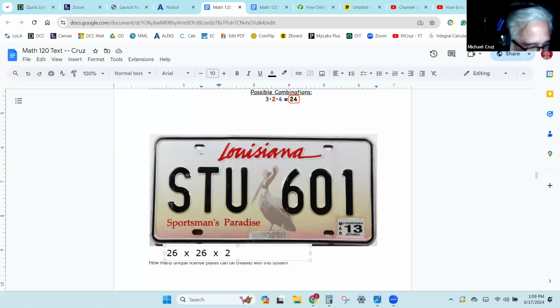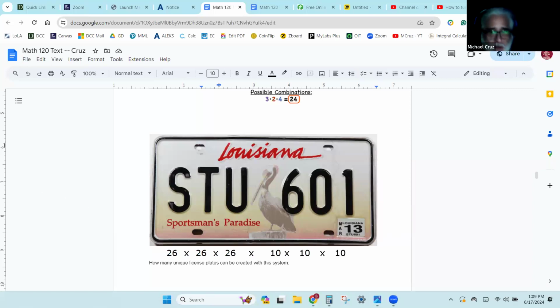So this is if repetition doesn't matter, which it doesn't, because in theory you could have SSS or UUU or ZZZ or whatever. And then on the number side, we've got 10 choices each time. Trying to put those underneath so you can see.